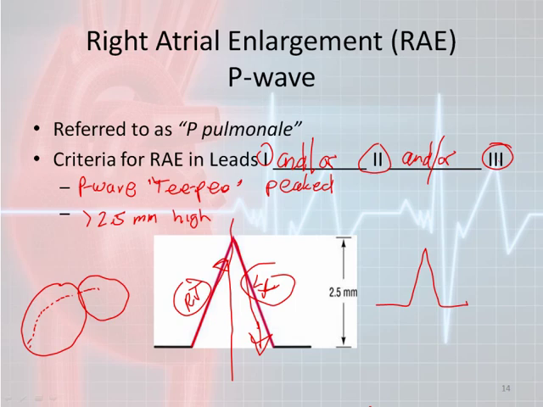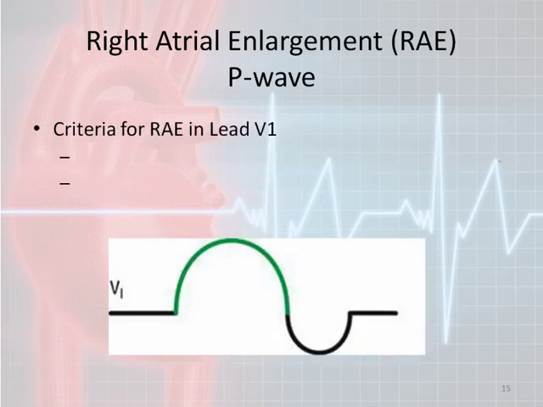In V1, it has a different morphology. In V1, you're actually going to have a biphasic P wave.